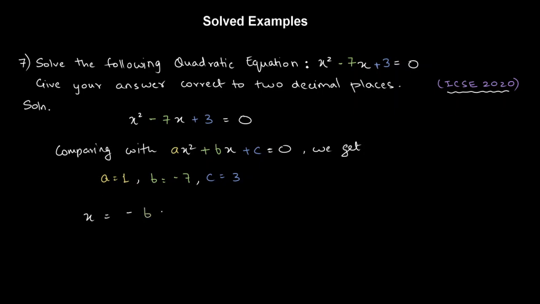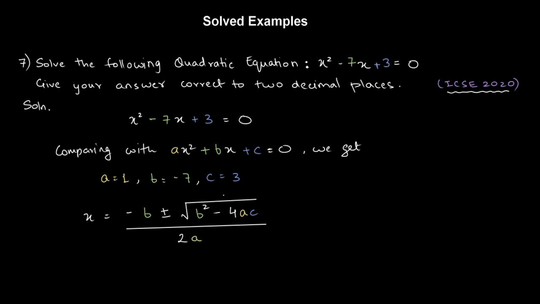plus or minus square root of b squared minus 4ac, the entire thing divided by 2 times a.